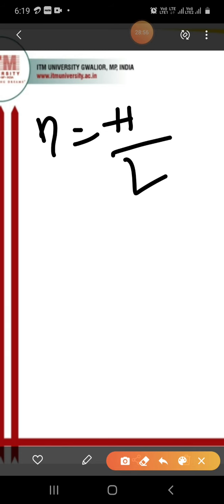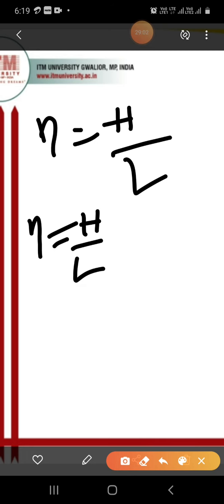In percentage form, eta is equal to H by L into 100%. The code efficiency should be as high as possible.